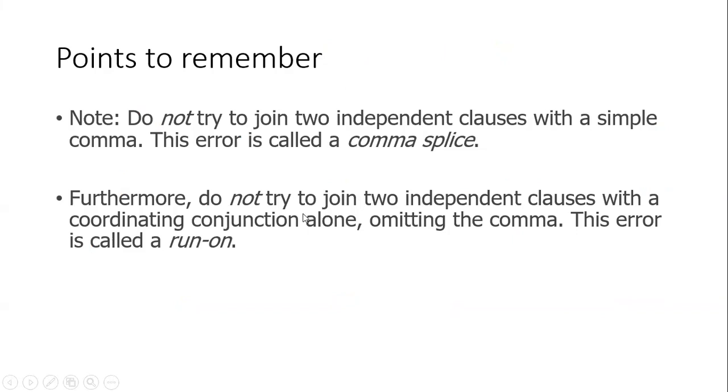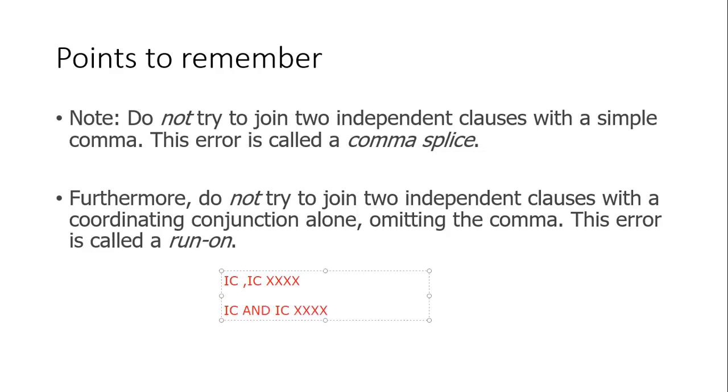Furthermore, do not try to join two independent clauses with a coordinating conjunction alone. What do I mean by this? What are the things you should avoid or not fall into the trap of? You will always have IC, IC, or no, this is an error. You cannot do IC and IC. Again an error.